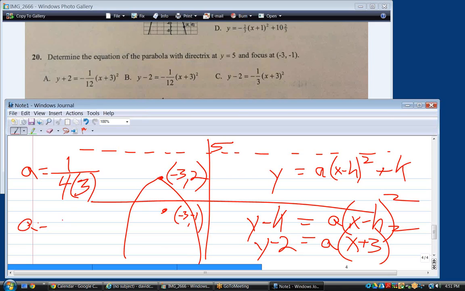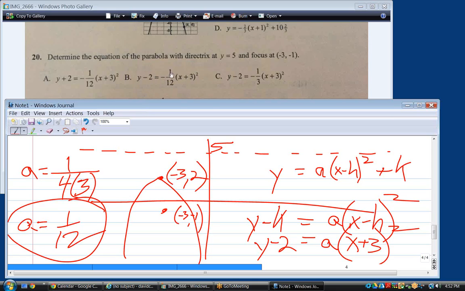So a is 1/12. And it opens down, so we know it's got to be negative. That's the way I usually do these. I don't worry too much about the sign until I'm done, because I know a downward parabola is going to be a negative coefficient, an upward parabola is going to be a positive coefficient. So getting the number is the key thing, getting to the 1/12. And then I put the minus sign on it.